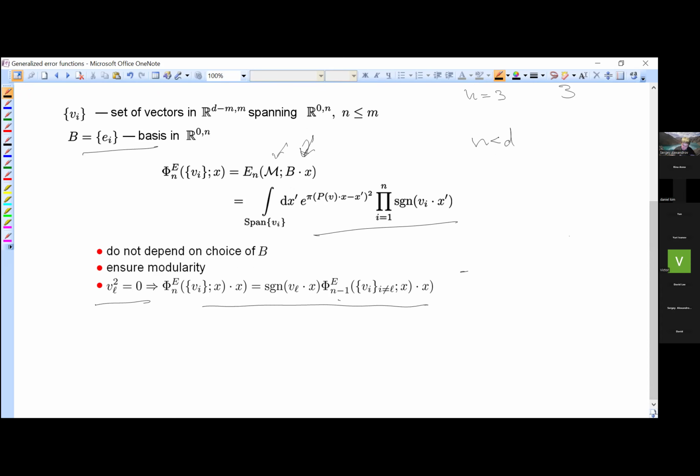So what this means in practice is that if one of your vectors in the product of sign functions is null, roughly speaking, you don't need to complete the corresponding function by the corresponding error function. So this vector is kind of modular. This sign function is modular by itself. It doesn't require completion. So that's kind of the moral of the story.